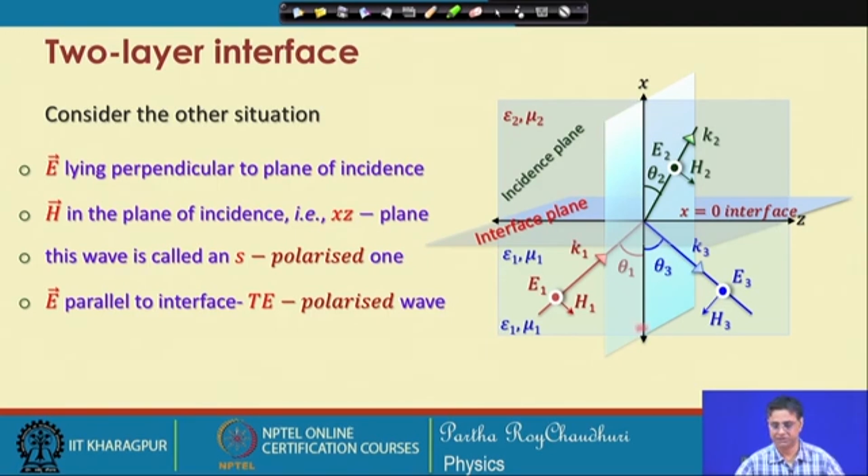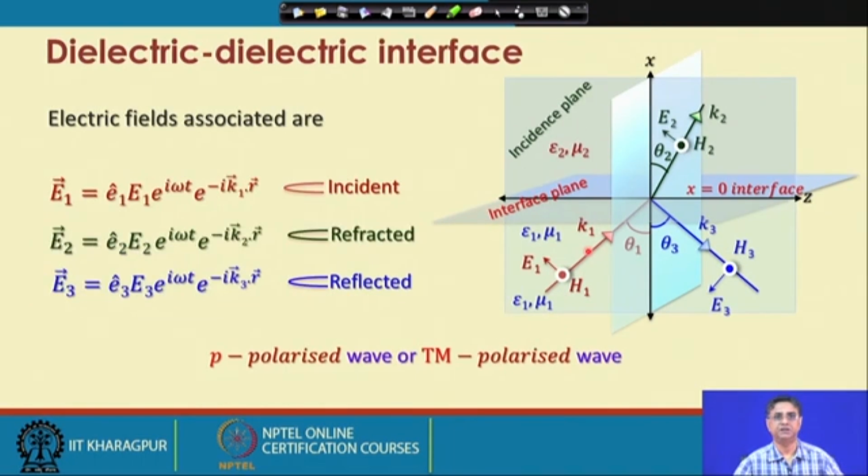Such a configuration is known as S polarized one. This is also called TE polarized, transverse electric field polarized wave, because the electric fields are parallel to the interface. So, initially we will look at the properties of the medium in terms of the reflected and transmitted rays.